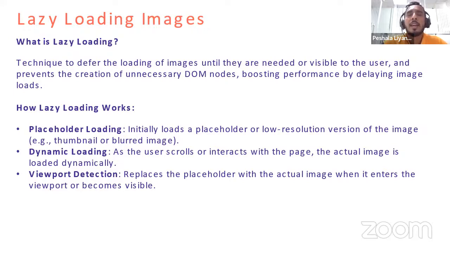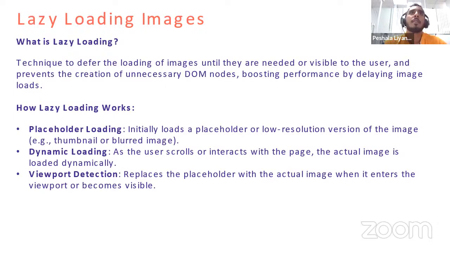And there are other third-party services as well for optimizing images, like ImageKit. I don't know whether you guys have heard of it, but it's a third-party service where you can upload images and get thumbnails, and then it will automatically identify the device and send you the optimized image for that specific device.